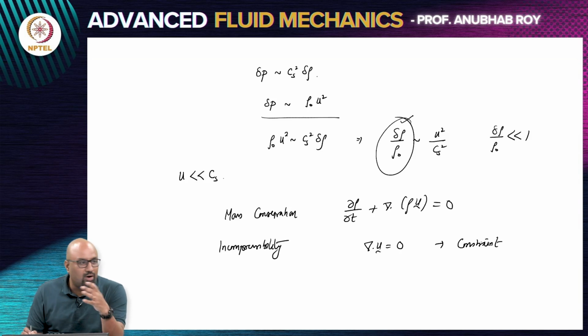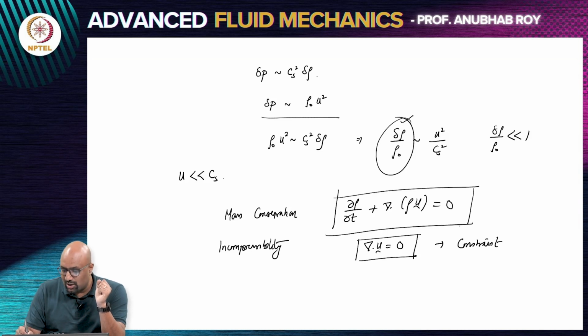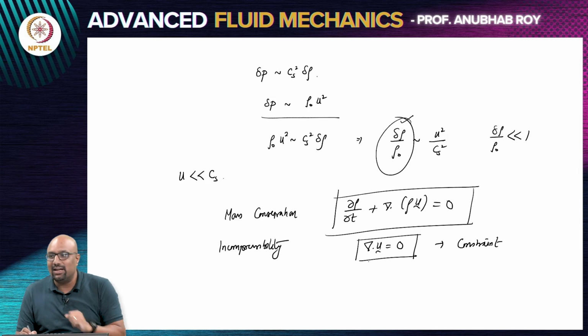The flow will do whatever it does based on what we will learn in the momentum equation, but it has to obey this particular constraint. So what was earlier an evolution equation for density has now turned into a constraint that the velocity field needs to obey for all times.